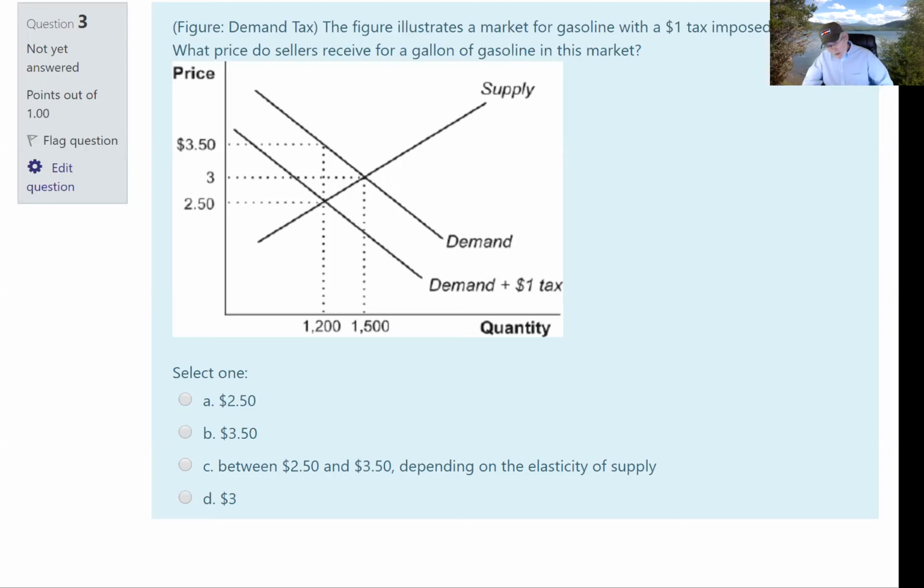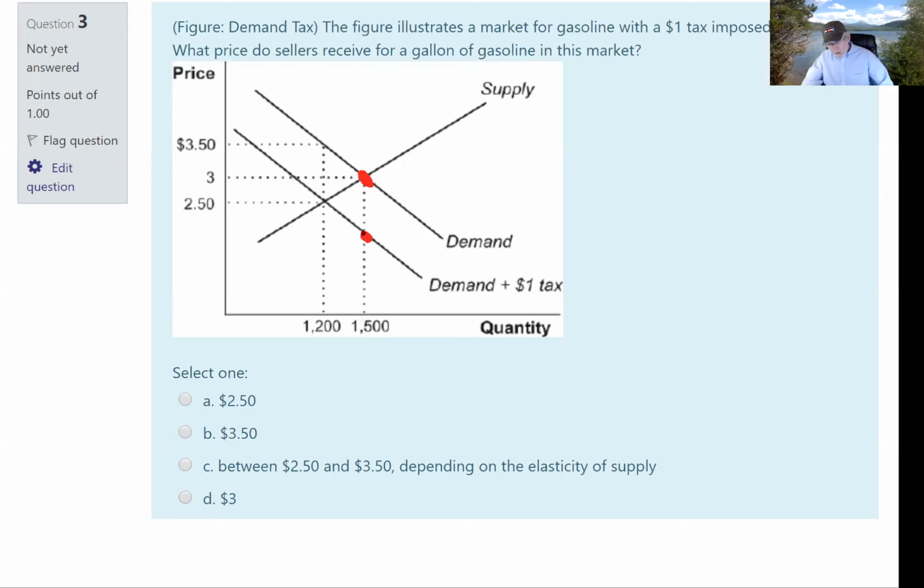And so demand started out here. Think about that point on the demand curve, $3 and 1,500. That means that there were consumers who were willing to pay at most $3 for that very last unit. Well, now that they're going to have to give the government $1 when they purchase it, they're not willing to buy as much.